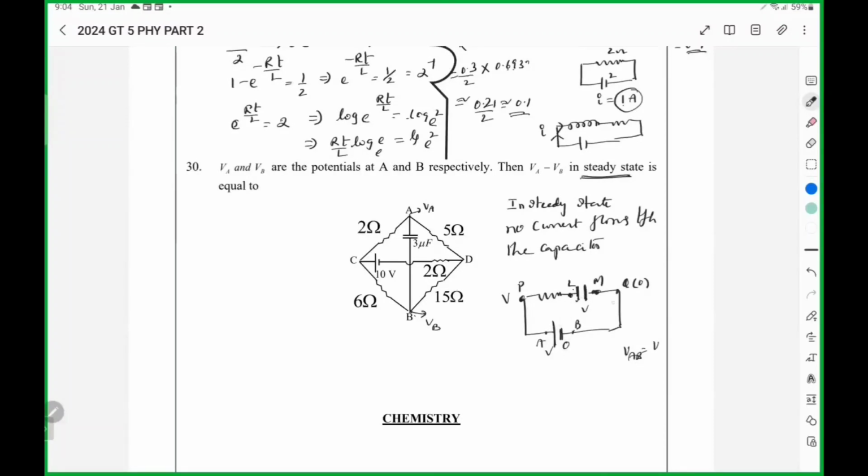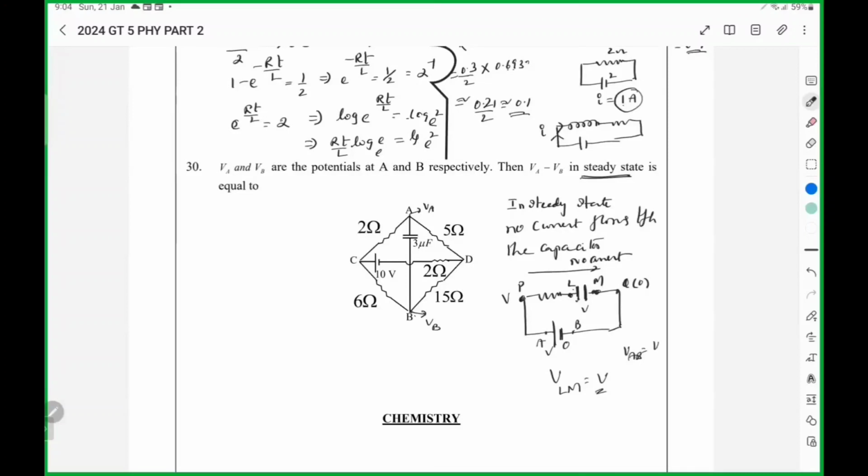Now, even between P and Q, no current flows. Listen to this statement properly: between P and Q, no current flows, still there is a potential difference across the capacitor of V volts.